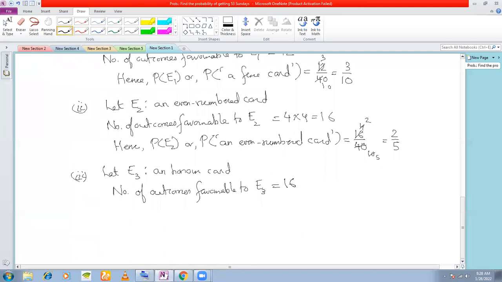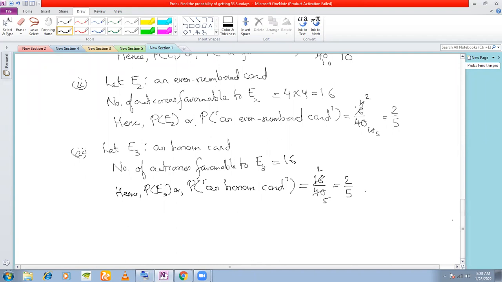Hence, the probability of E3, or the probability of an honor card, is 16 by 40, which is also 2 by 5.